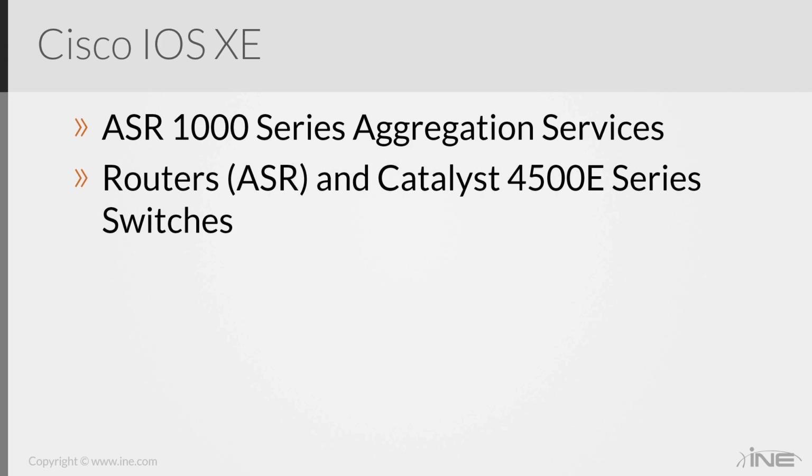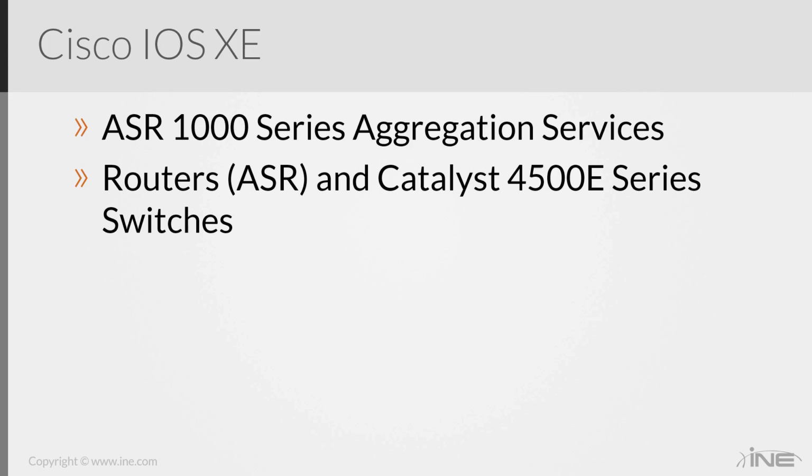I know newer models like the 3650 and the 3850 run off of iOS XE as well. As a matter of fact, I just deployed a couple of 3850 switches last weekend. It went quite well. They had this handy little command to help you join two switches to the same stack. Worked out quite well.